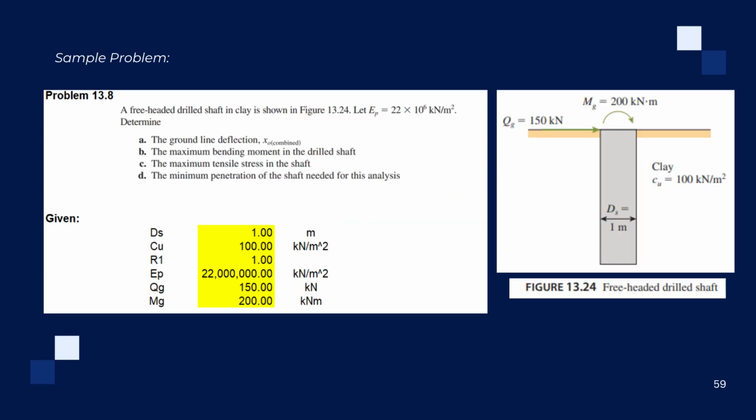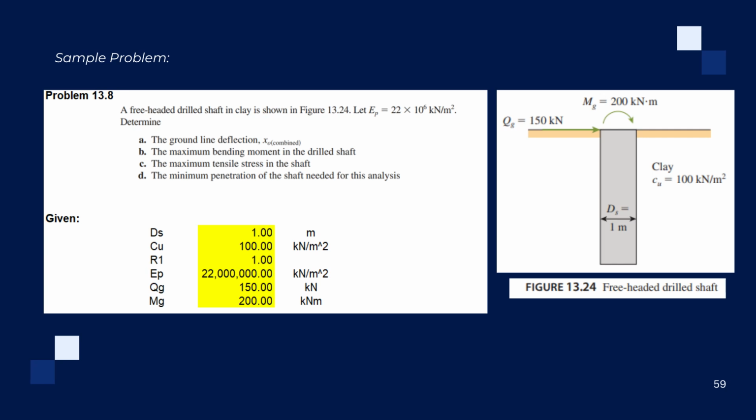Sample problem. A free-headed drilled shaft in clay is shown. Determine the ground line deflection, the maximum bending moment in the drilled shaft, the maximum tensile stress in the shaft, and the minimum penetration of the shaft needed for this analysis.